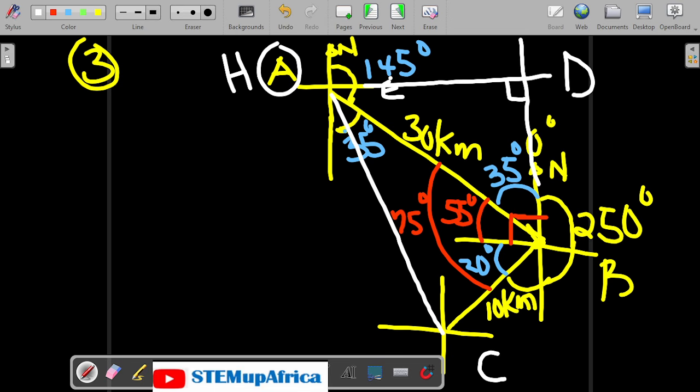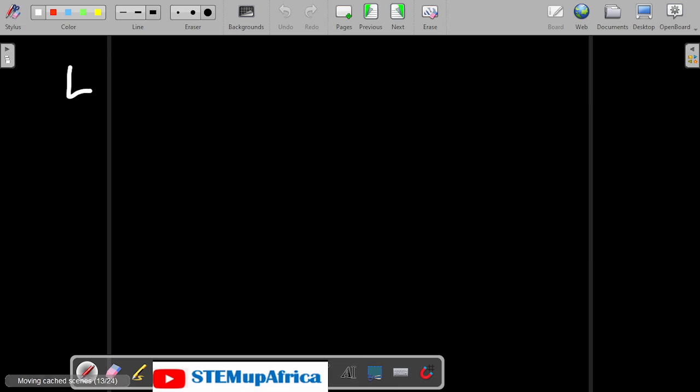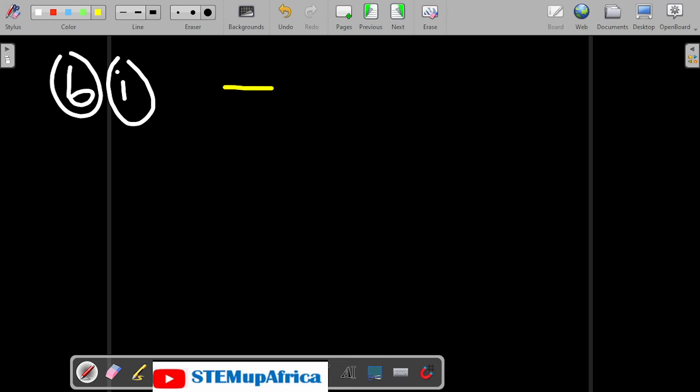So how far is it now? I'm looking from A to D. So I'm considering triangle ADB to find A to D. This is question B, Roman figure 1. So I'm considering ADB.